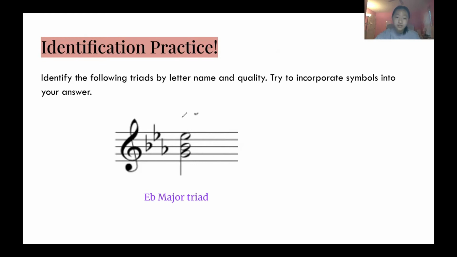But if we write down what the notes are in this triad, we have G, B flat, and E flat, and then we rearrange it so that E flat is on the bottom. We actually do get a normal triad with E flat as the bottom note, G as the third note, and B flat as the top note. And that would give us an E flat major triad.